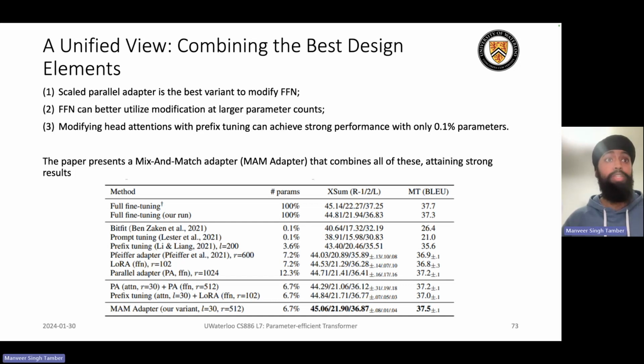Right, so this paper presents this method, the mix and match adapter, that combining all of these findings actually attains strong results. And we see that in this table here, where it is compared against full model fine-tuning and a lot of the methods that we've talked about: prompt tuning, prefix tuning, LoRA, parallel adapter, which they introduced in this work as well.